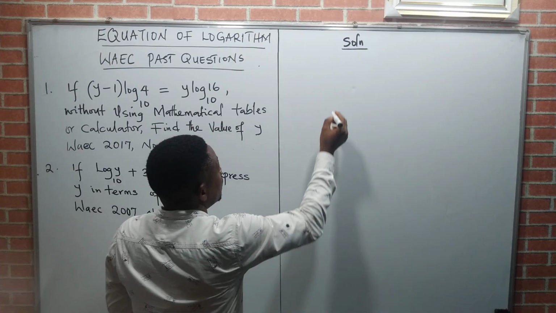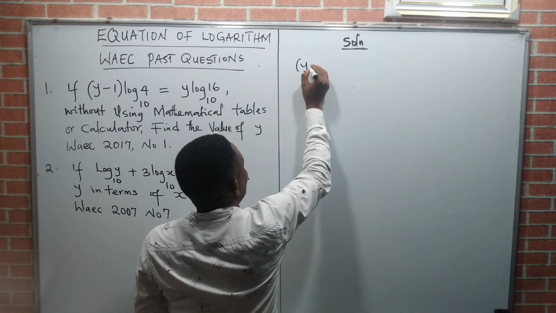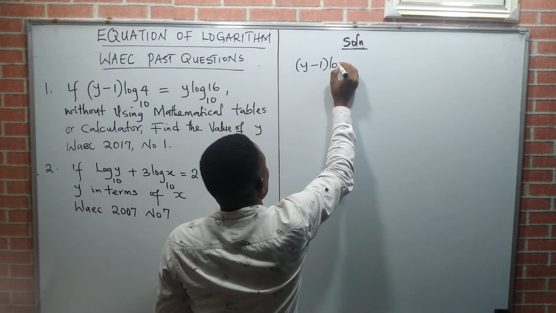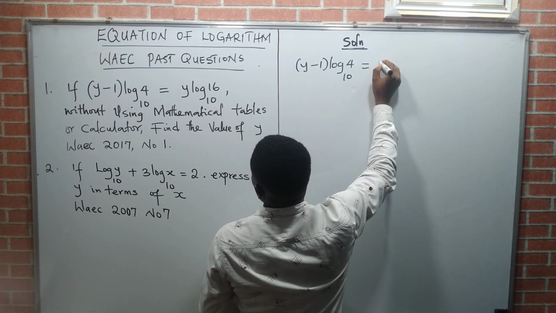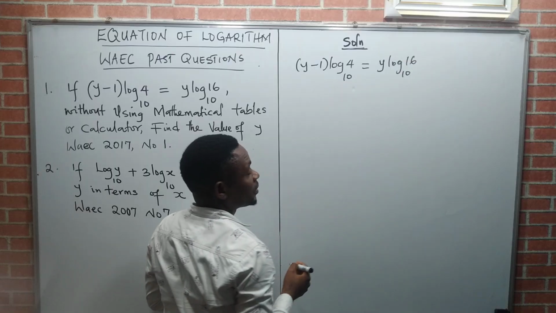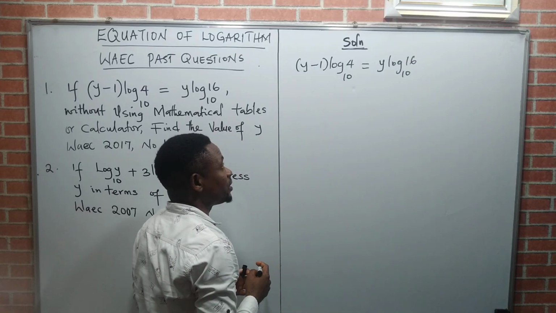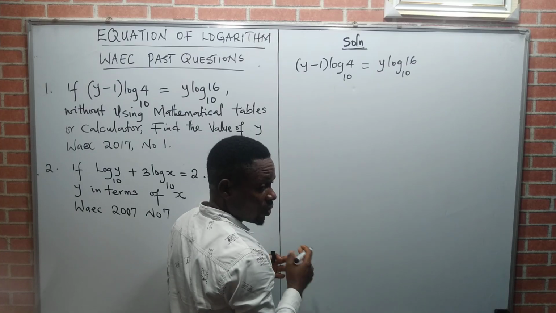Now, let's see how we are going to tackle the question. Solution. We are given that (y minus 1) log 4 to base 10 is y log 16 all in base 10. For us to solve this, there are some laws that we need to understand under logarithm.